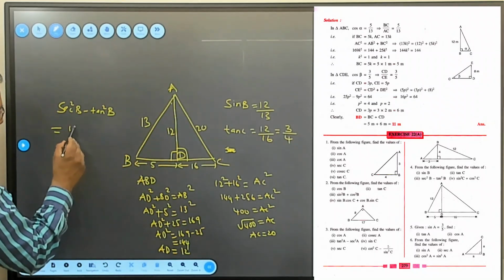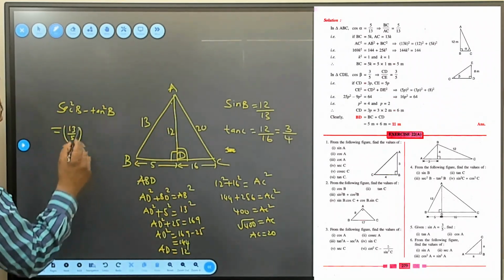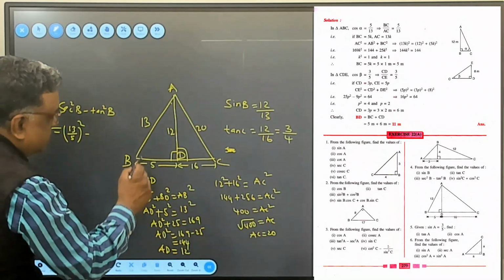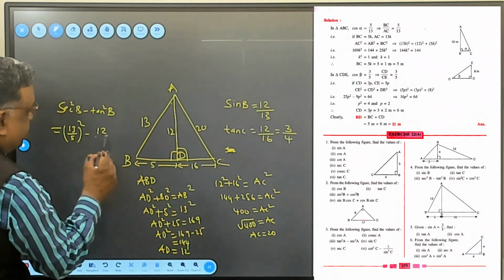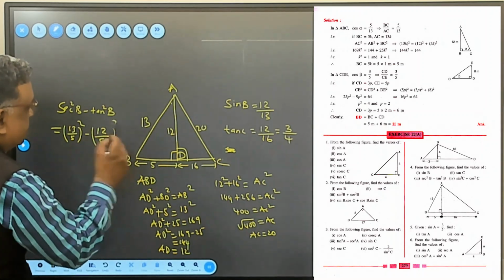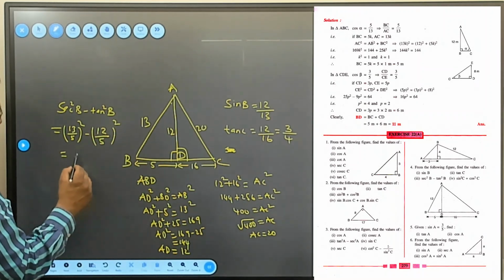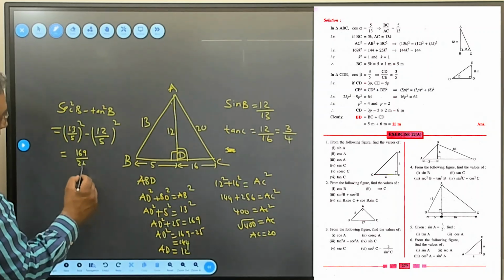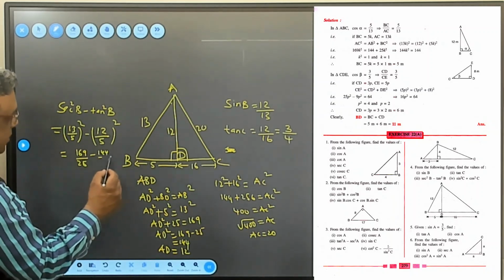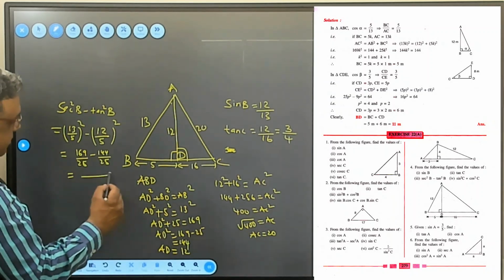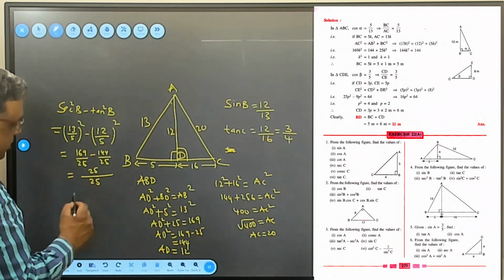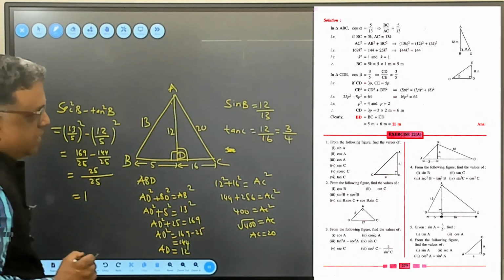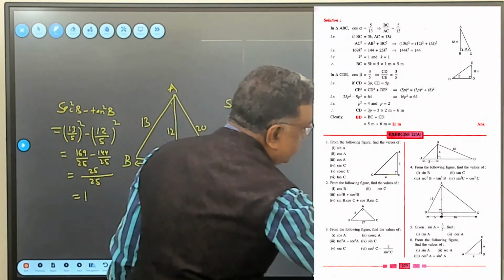So 13 upon 5 square. Understood? And tan square B is opposite upon adjacent, that is 12 upon 5 square. So this will become 169 upon 25 minus 144 upon 25. 25 is common, it's the LCM. 169 minus 144 is 25 upon 25, which is 1.